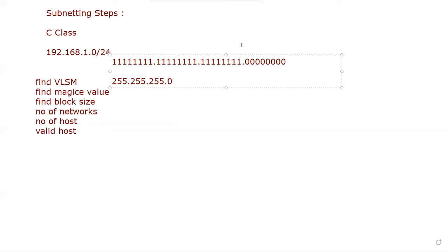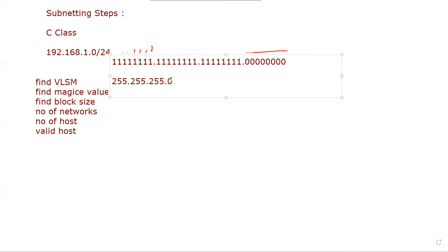255.255.255.0? Why? Because we solve it like 2 raised to power 0, 2 raised to power 1, 2 raised to power 2, 2 raised to power 3, 4, 5, 6, 7. In this, every value is 0. Okay, let's move back to the point.